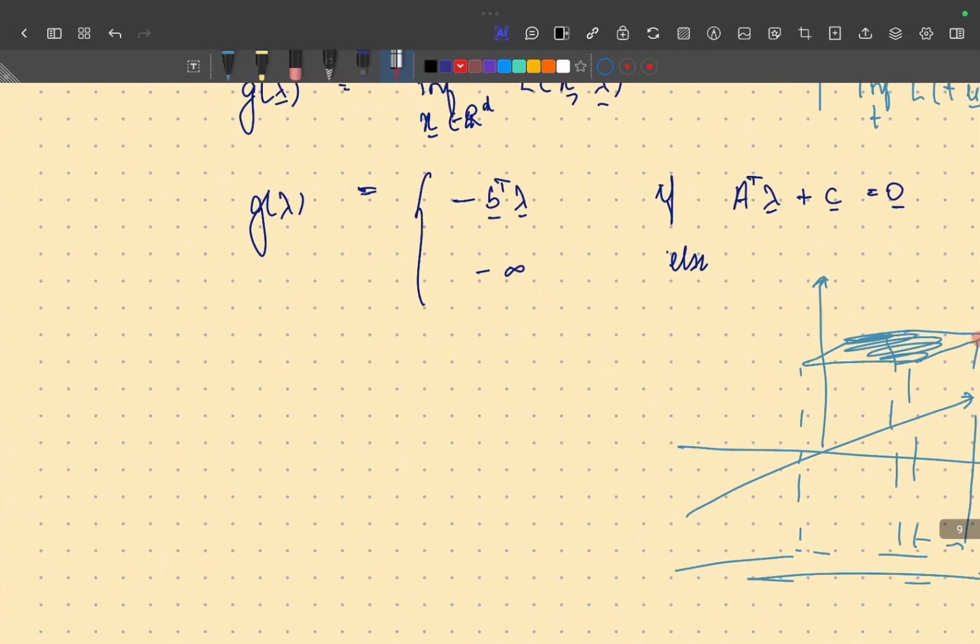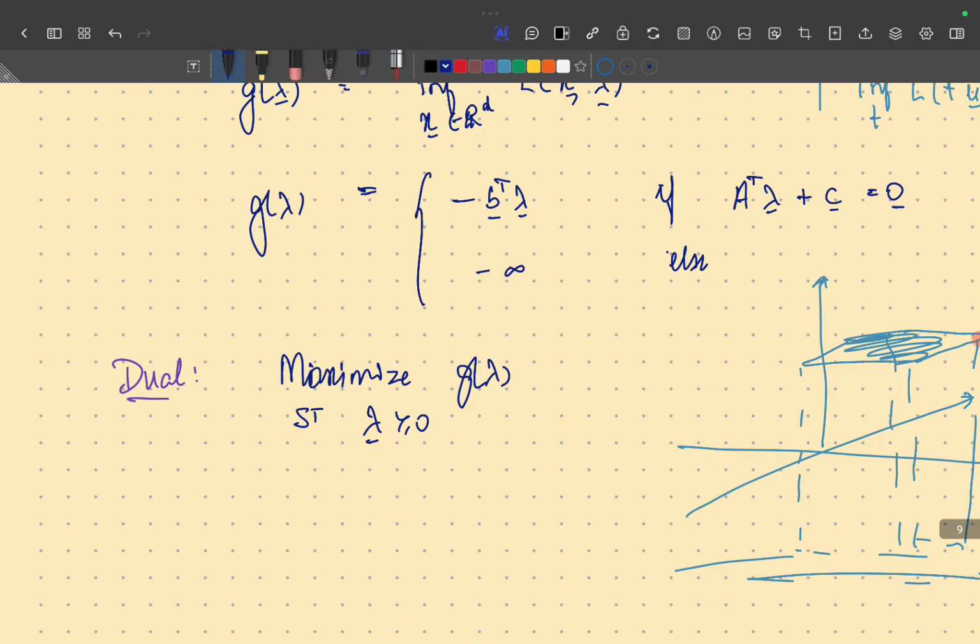All right. So now what is the dual optimization problem? The dual optimization problem is basically to maximize g of lambda subject to the constraint that lambda is greater than or equal to 0 component wise.